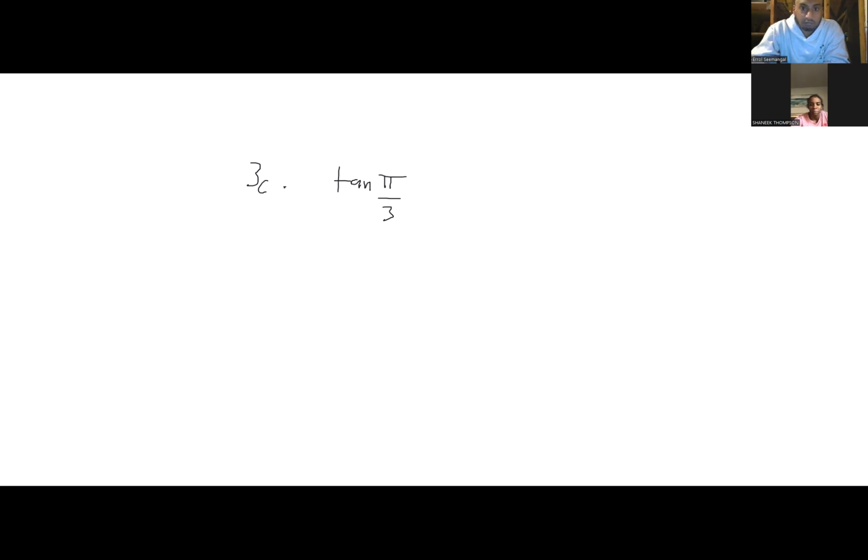Yes. Okay, so for the tan, it'll be the cos pi over 3 over the sine pi over 3. So basically it's the x value over the y value.